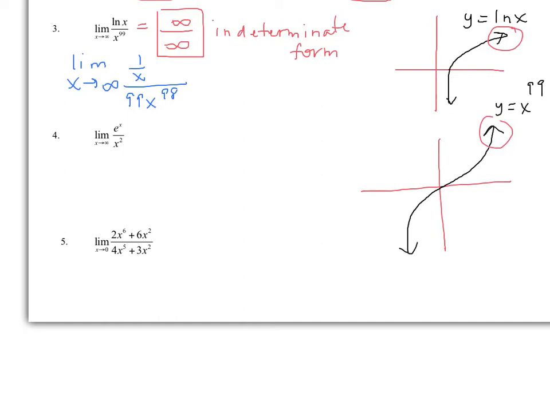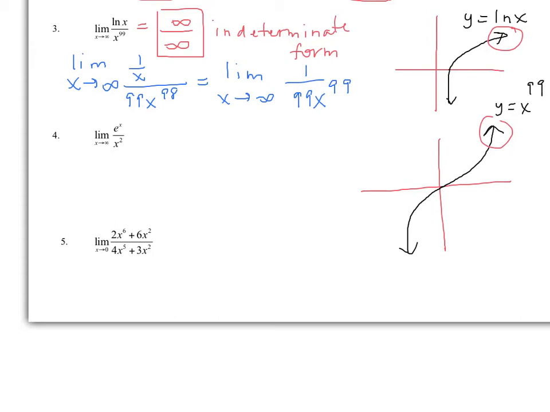In this case, when you're dividing by 99x to the 98th, it's really like multiplying by 1 over 99x to the 98th. And we're going to multiply that by the x that's there. We have 1 over 99x to the 99th.